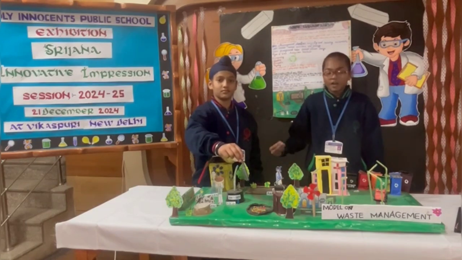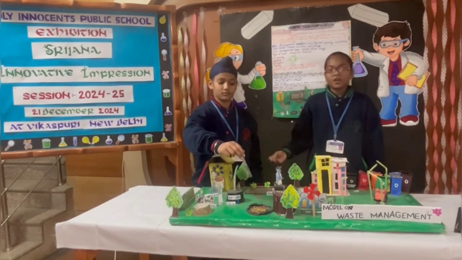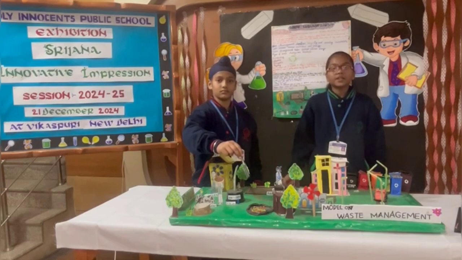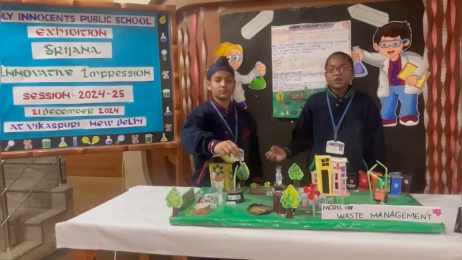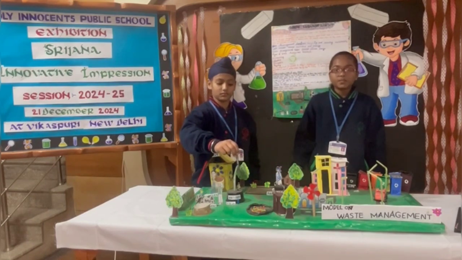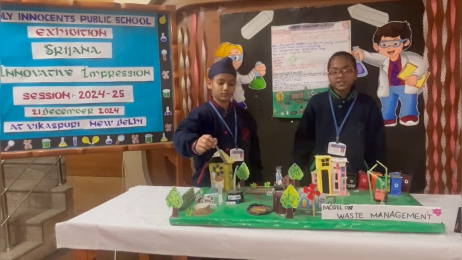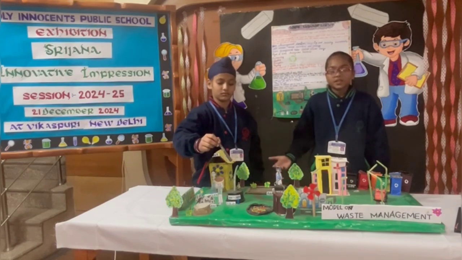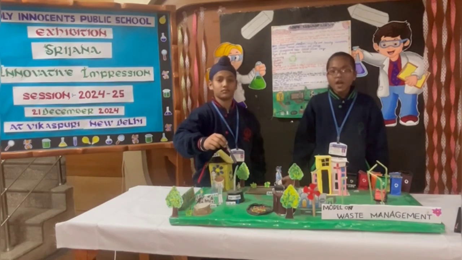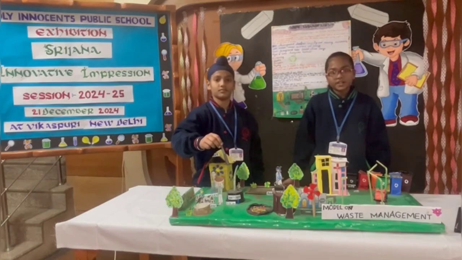Then after some days, the composted waste is released out of the biogas plant through a pipe, and the upper pipe releases the biogas. This is used for cooking and generating electricity.